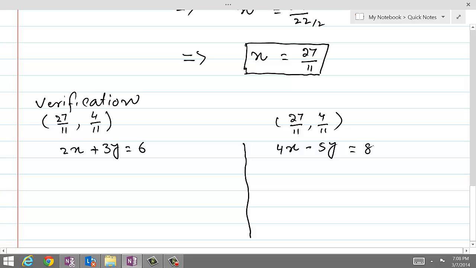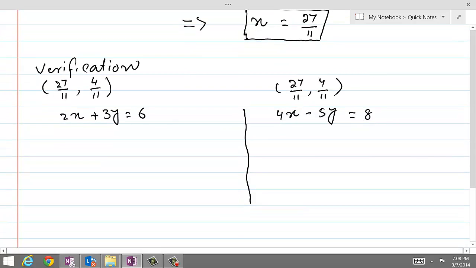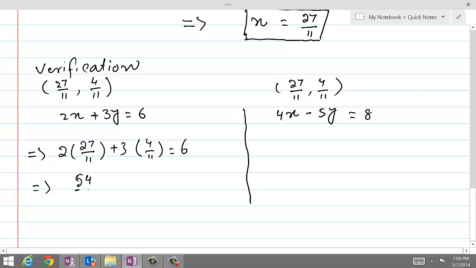Now, if this point is part of both lines, it must satisfy both of the equations. So therefore, 2 times x, which is 27 over 11, plus 3 times 4 over 11 equal to 6. And if that is the case, this should become 54 over 11 plus 12 over 11 equal to 6.